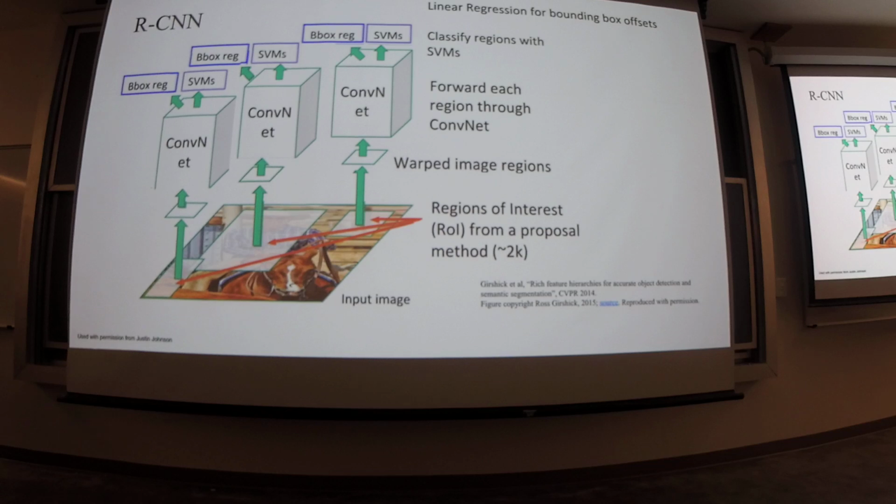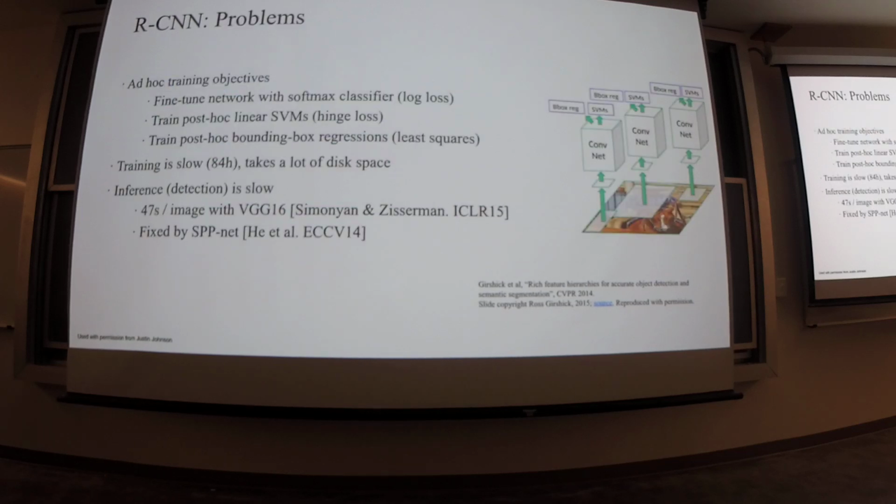And then you had another head. This is done in two stages. From those same features, you also predict what the actual bounding box should be corresponding to that region. And that was it.